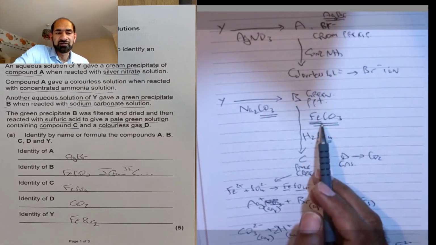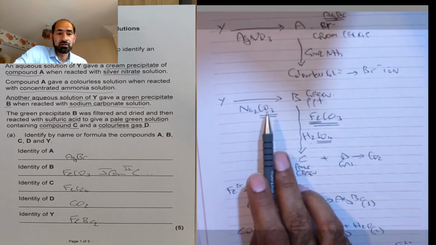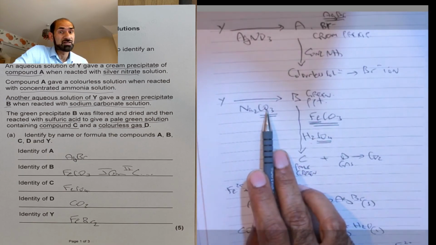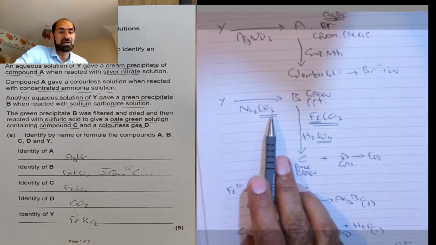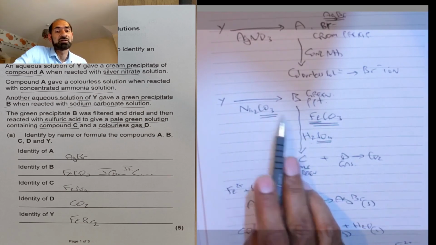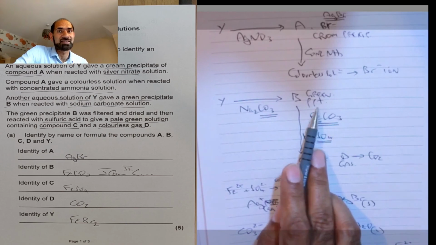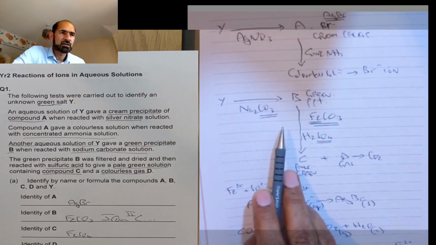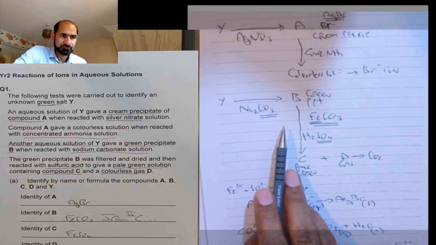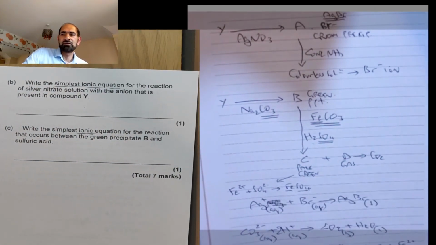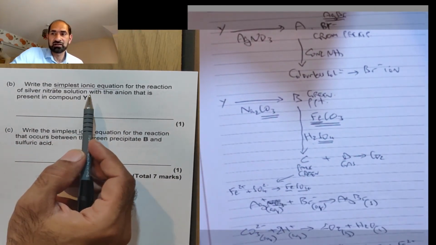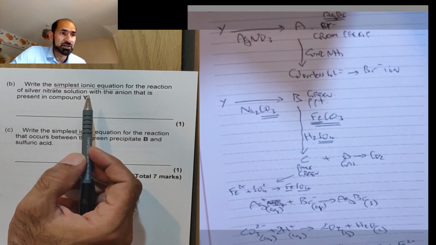Remember why it can't be Fe3: the carbonates with Fe3 plus ions will actually react. There'll be an acid-base reaction, and you'll end up with carbon dioxide, a gas given off here as well. And other problems, students end up writing full equations here, not ionic. Even though the question says ionic, you won't get a mark if you write full equations.